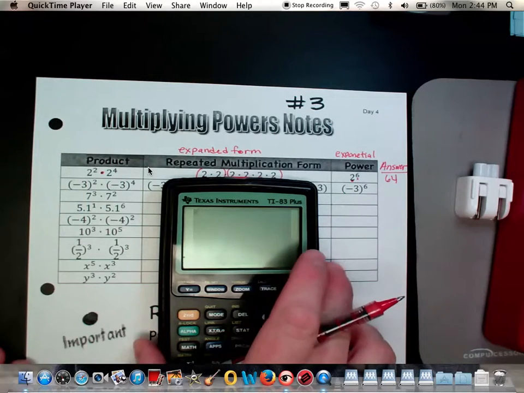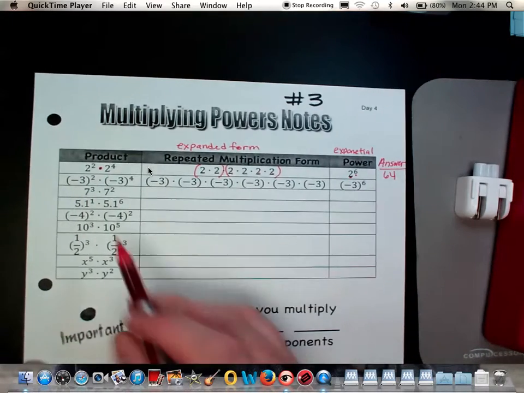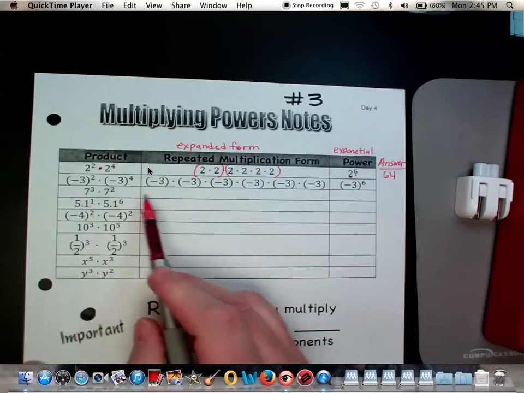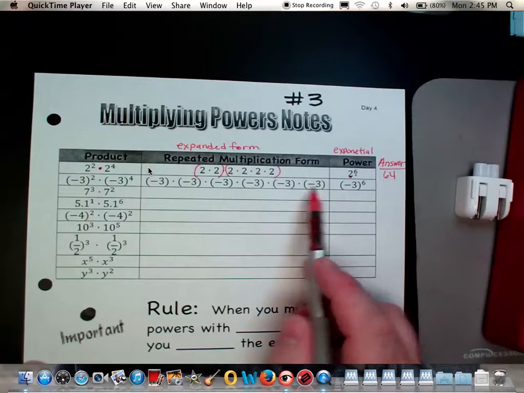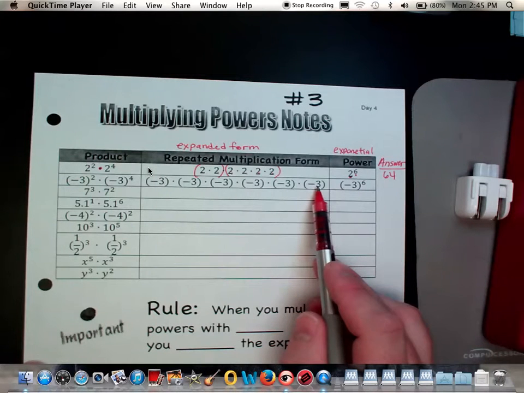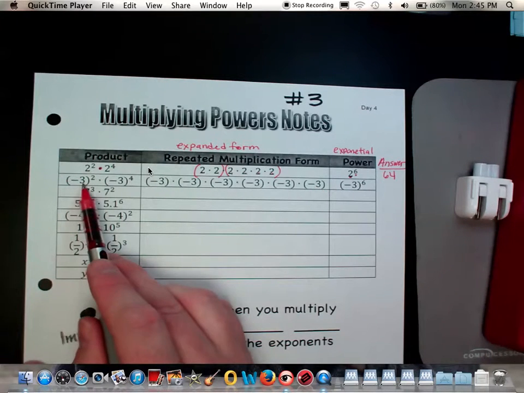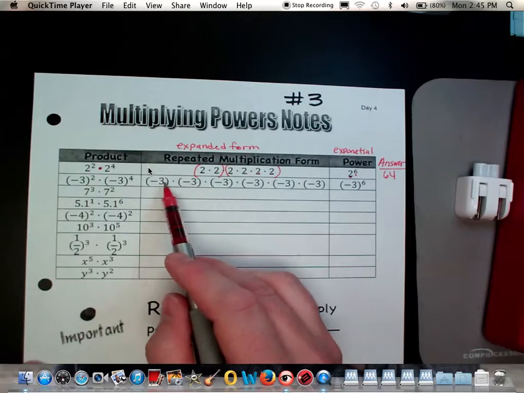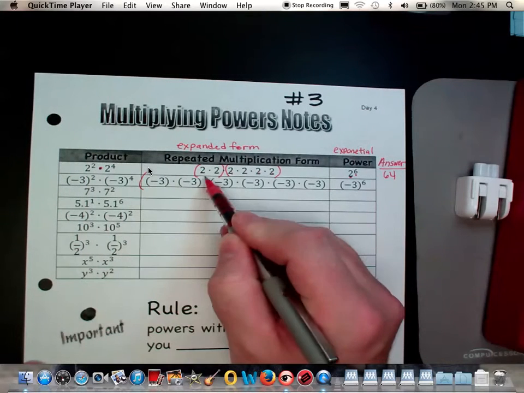Okay, let's look at our second one. It's negative 3 squared times negative 3 to the 4th power. I'm going to put it in expanded form. Well, it's already done for us, but let's just look at it to make sure we understand. Negative 3 to the 2nd power, how do I write that in expanded form? I use 2 negative 3's, right there they are.